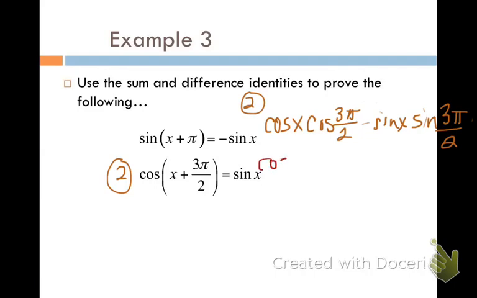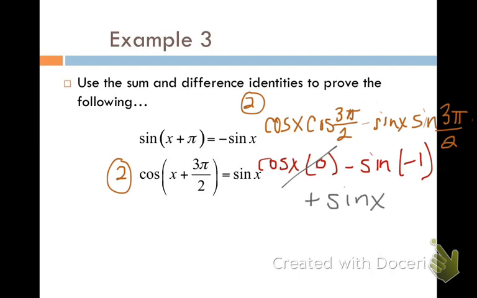So we still have cosine of x, but the cosine of 3 pi over 2 is 0. We don't know sine of x, but sine of 3 pi over 2 is negative 1. The cosine x times 0 cancels out. Negative times a negative is a positive, so we are left with positive sine of x. So we have balanced the equation, which means we have proven the identity.